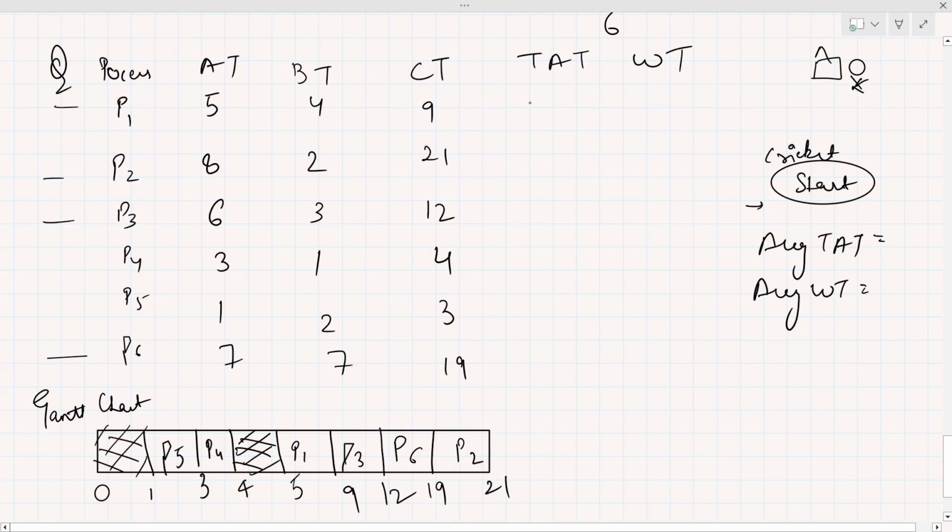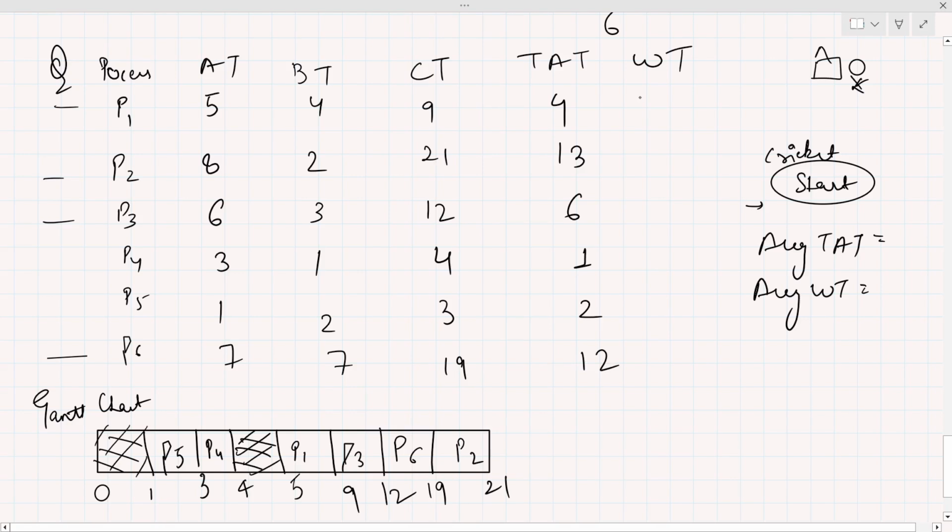Turnaround time is completion time minus arrival time. So 9 minus 5 is 4, 21 minus 8 is 13, 12 minus 6 is 6, 4 minus 3 is 1, 3 minus 1 is 2, and 19 minus 7 is 12.